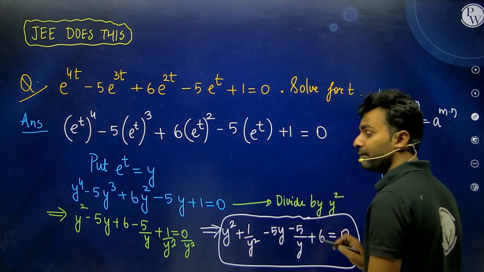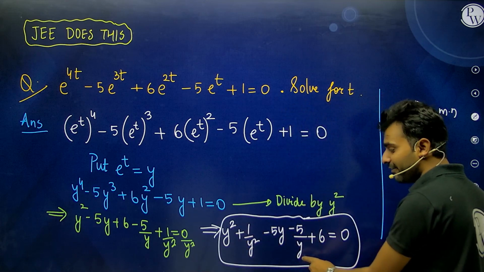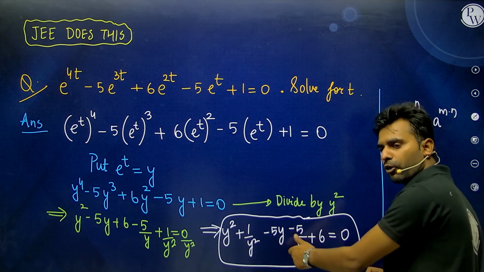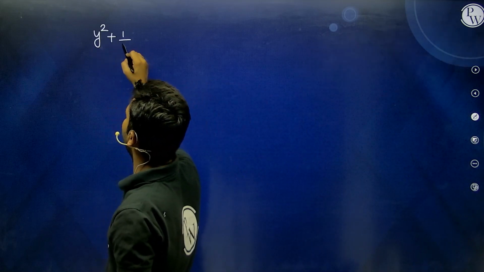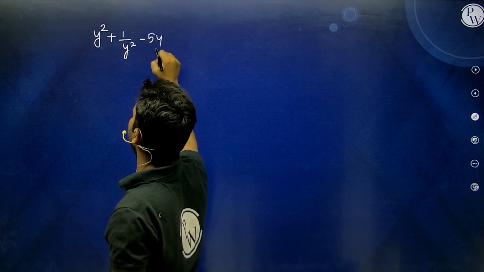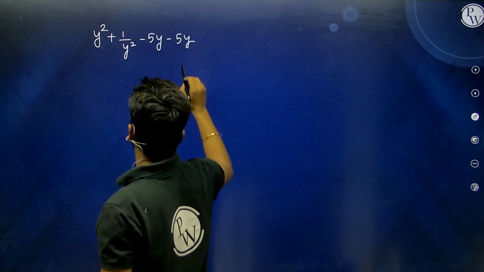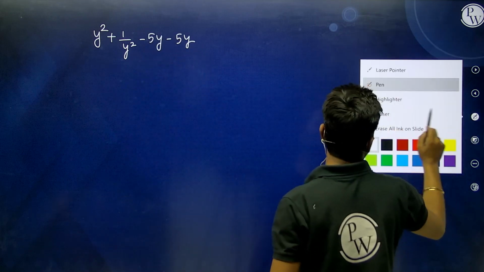Then the same equation, look, y and 1 by y, things can be taken common. So taking these things common, my equation becomes something like this: y square plus 1 by y square minus 5 times (y plus 1 by y).